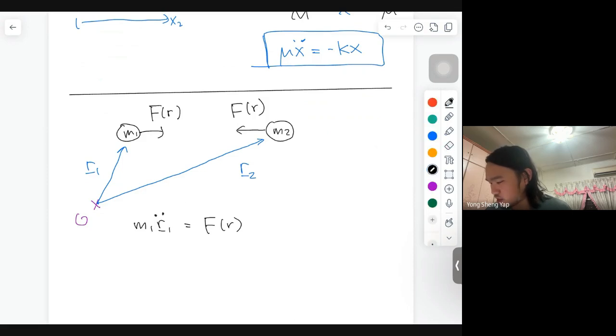So let's say r equals x, which equals r2 minus r1. This is in the x direction, and this is in the negative x direction.